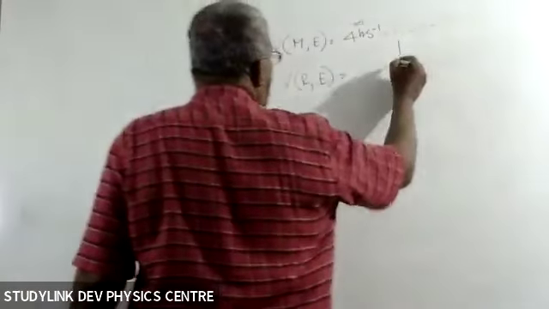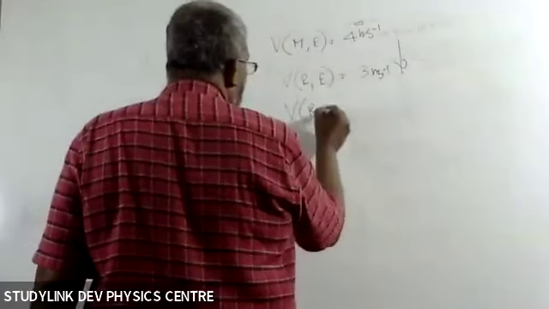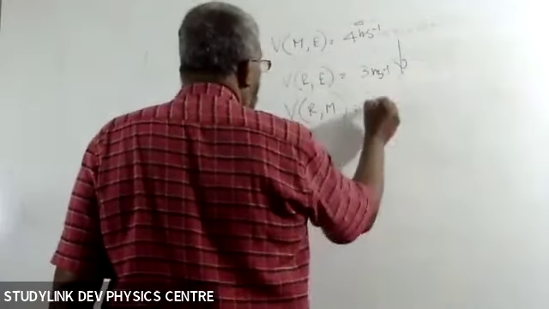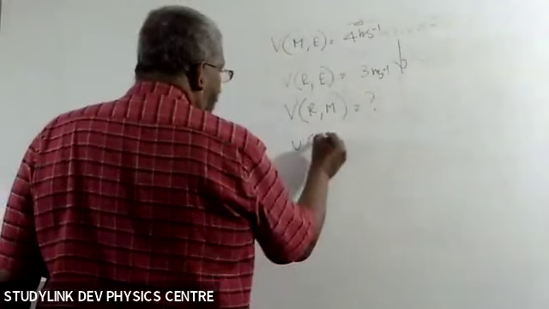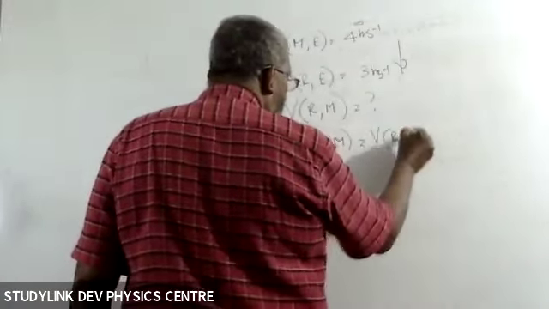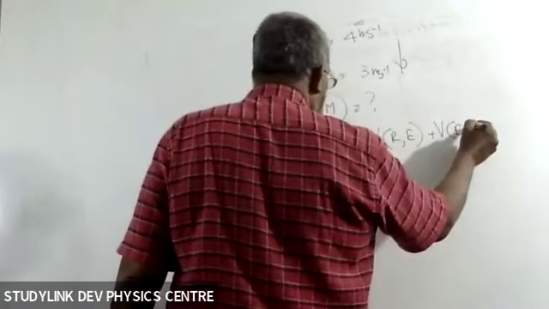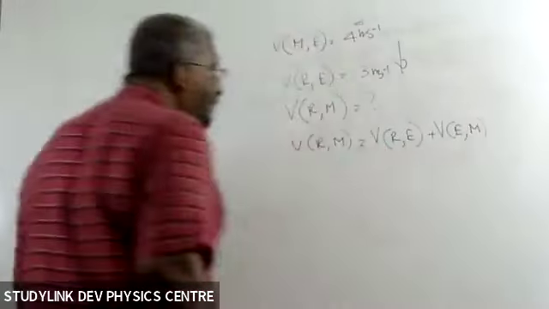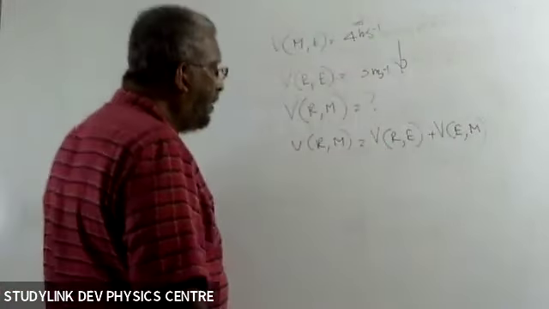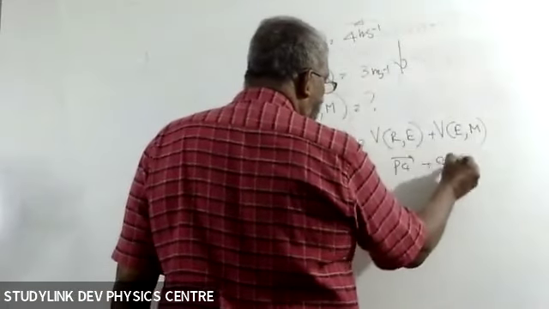So the rain is 3 m s^-1. The velocity of the rain relative to the man we have to find. The velocity of the rain relative to the man is equal to the velocity of the rain relative to the earth plus the velocity of the earth relative to the man. This is PQ and the other one is QR.